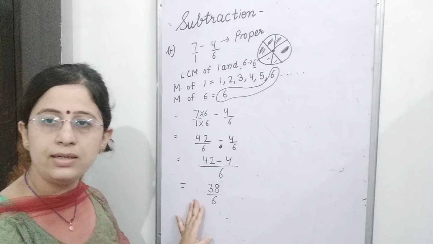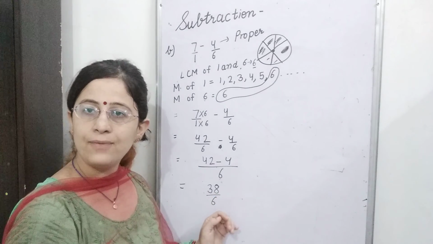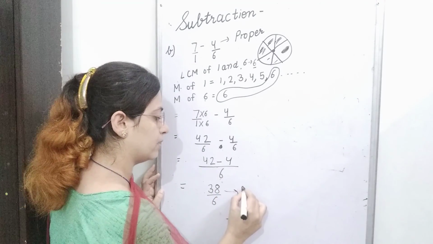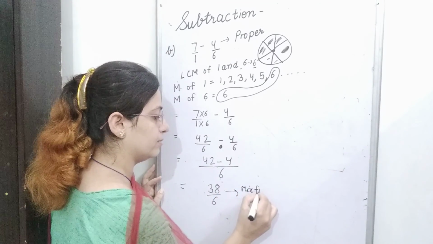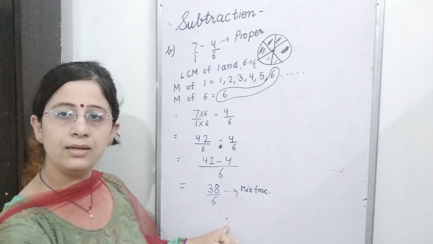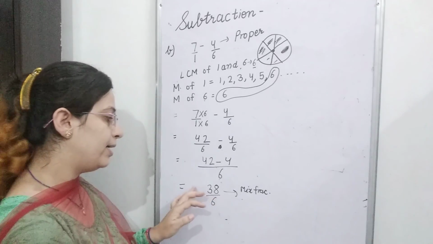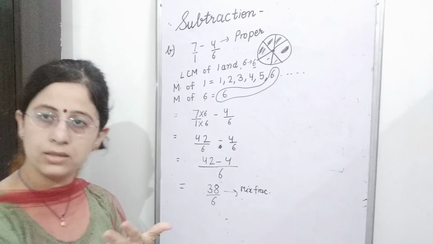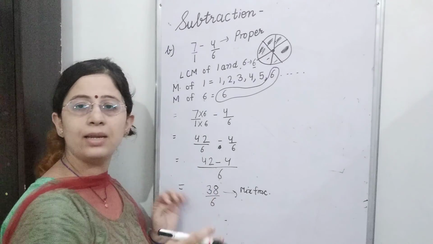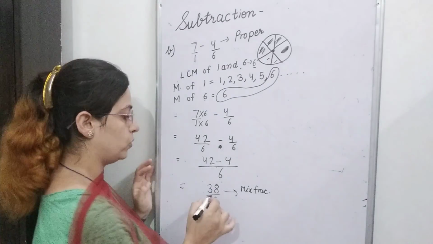So when the answer is an improper fraction, I have to convert it into a mixed fraction. How can we convert? By the division method. But first of all we will cut it and make it in the simplest form. 38 and 6 both come in the table of 2. So let us divide it.